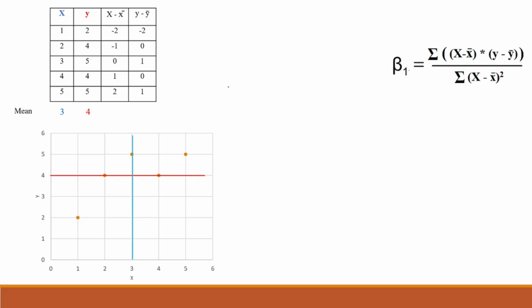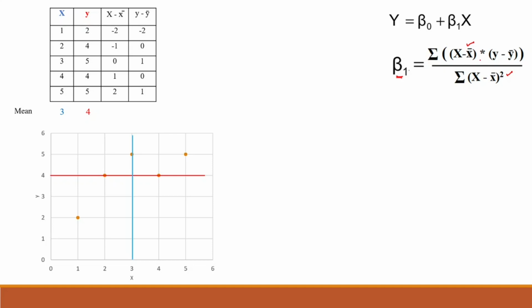And this is the formula for the slope, which is nothing but the summation of x minus its mean, x minus x bar, into y minus y bar, divided by the summation of x minus x bar the whole square. So we need to calculate first this and then this, then we have to perform the division. So it is very simple. We just have to remember this formula.